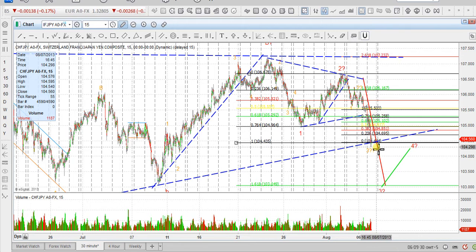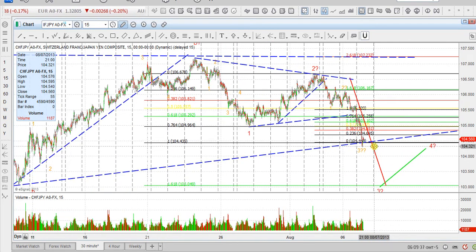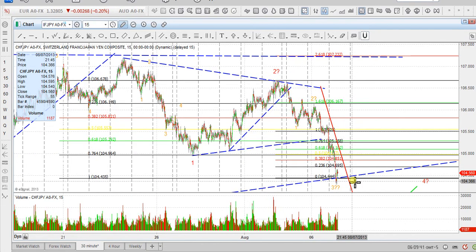It made a low of 104.3, and it appears as if we're starting to see a little move upwards. So if we see something going towards the 76.4% fib level right here at 104.96, then the count would still be invalid.